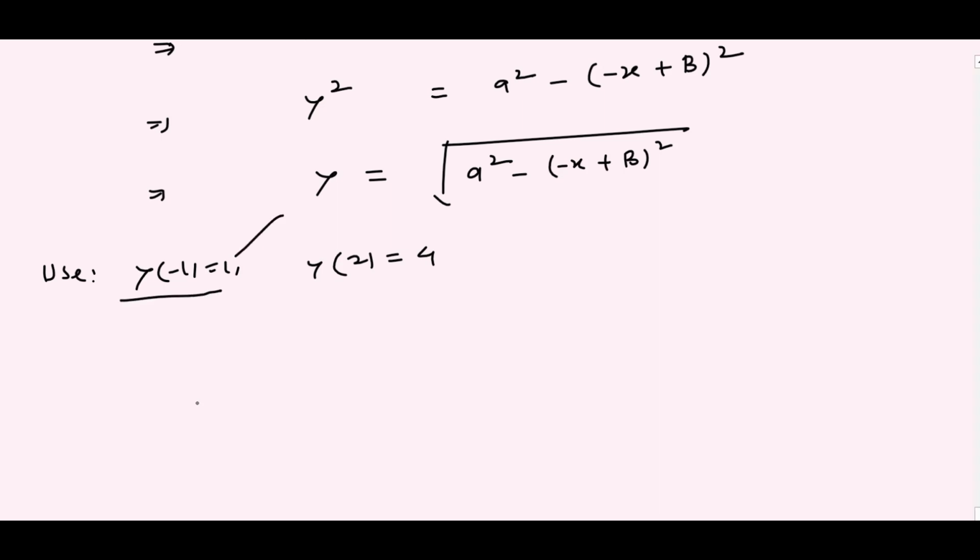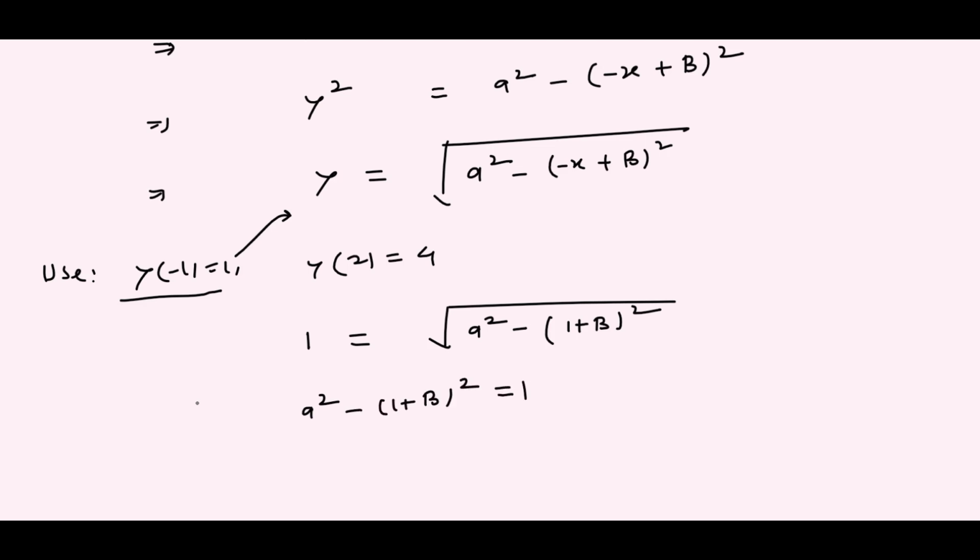So by using here, that is 1, that is square root of a square minus that is 1 plus capital B to whole square. So it will give, that is a square minus minus 1 plus B to whole square is equal to 1. That is equation number 1.